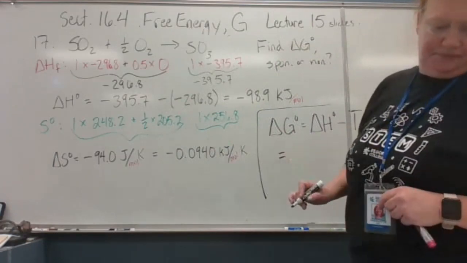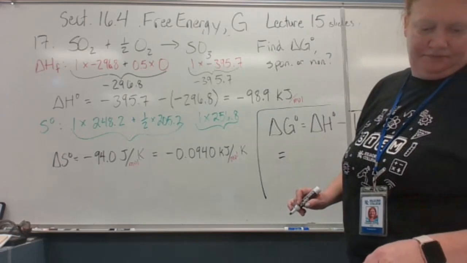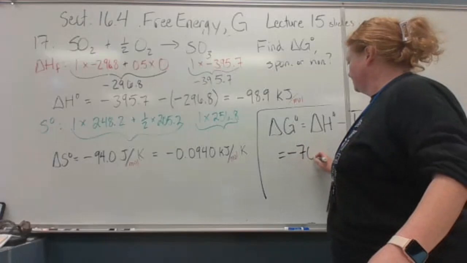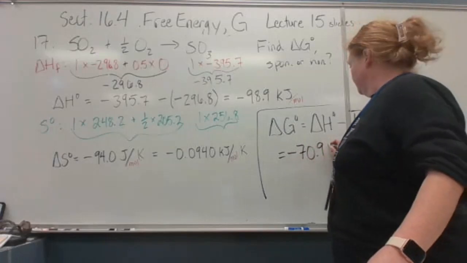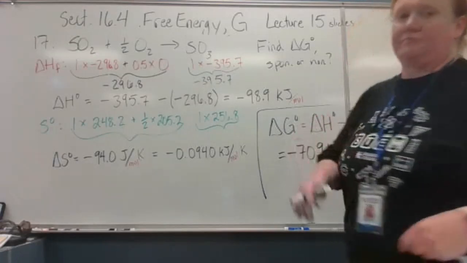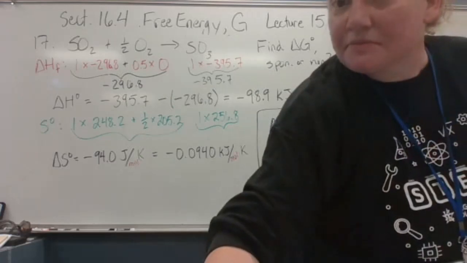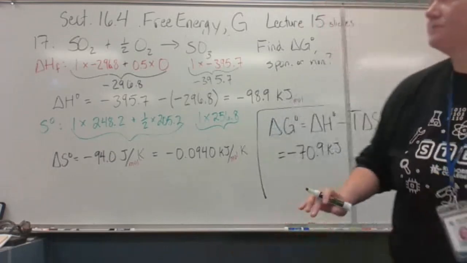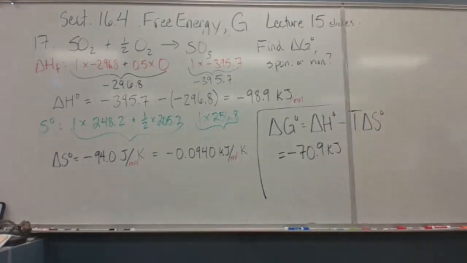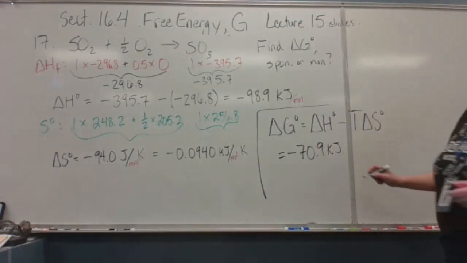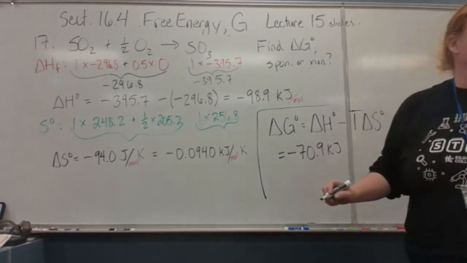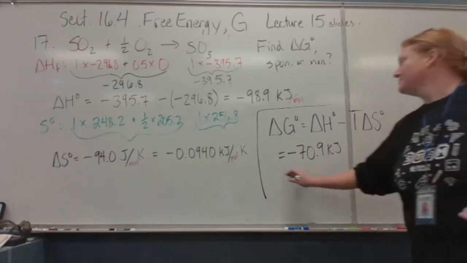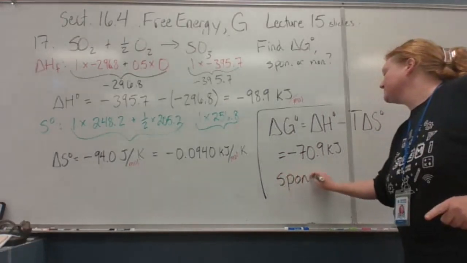And I got negative 70.9 kilojoules. And so is this spontaneous or not? Yes. Delta G is negative. It is spontaneous.